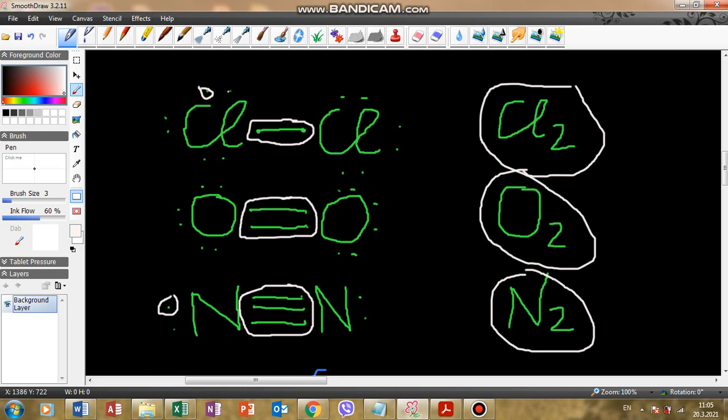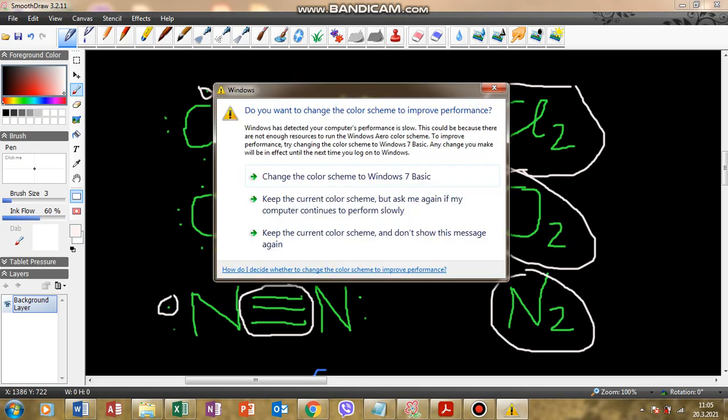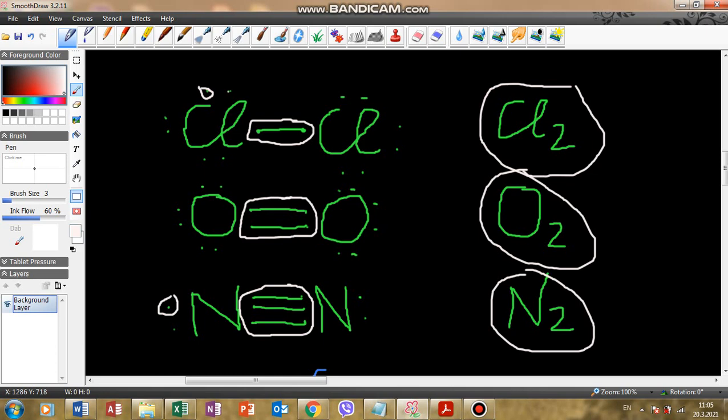And the reason why this bond is called non-polar covalent bond is because the same nonmetals formed this type of bond, which means that their electronegativity is the same.